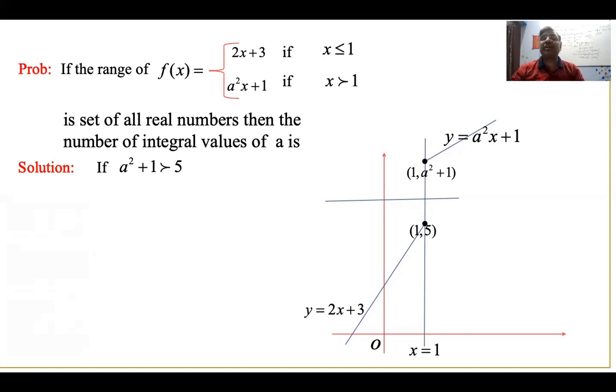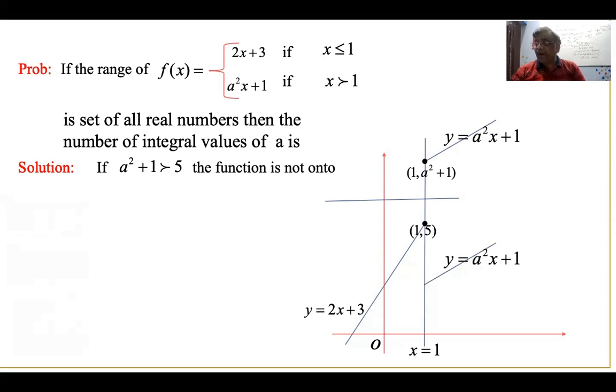Therefore, the function cannot be onto when a square plus 1 is greater than 5. But if the right side piece is below 1 comma 5, then every horizontal line meets the graph at least at one point.